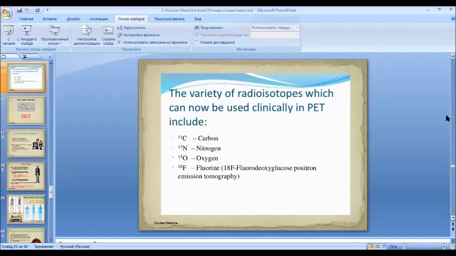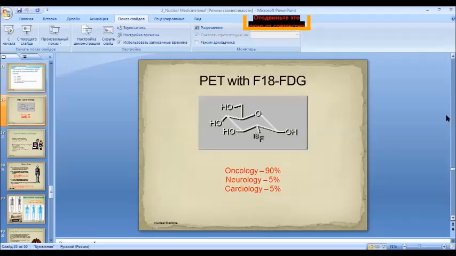A variety of radioisotopes which can now be used clinically in positron emission tomography include the following, but universal is the molecule of fluorodeoxyglucose combined with the isotope fluorine-18.